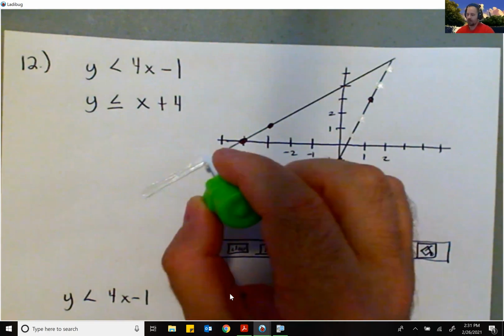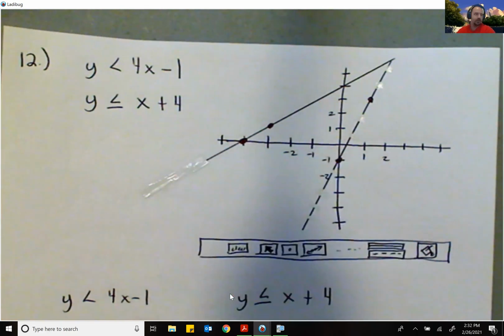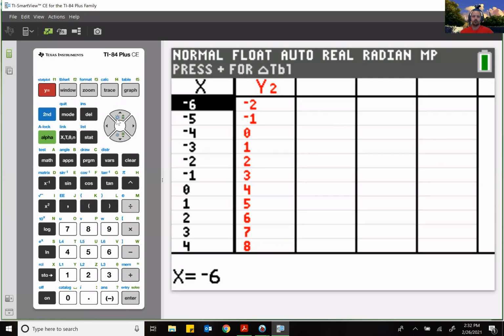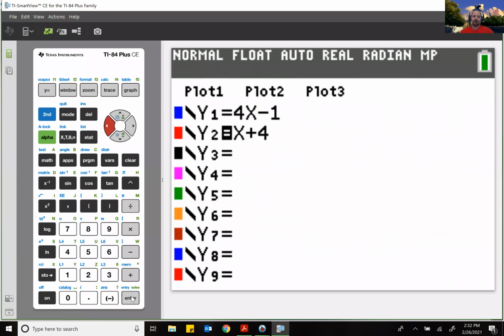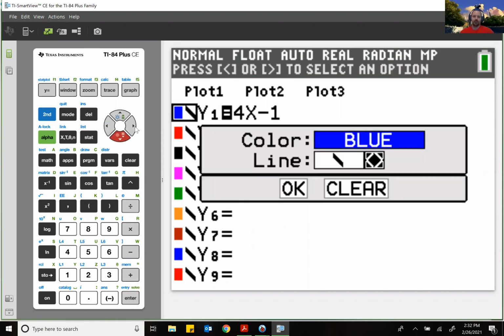All right, so the last part that we have to do now is figure out where the shading is. So I'm going to go back to my calculator. I'm going to turn this guy back on and go over and manipulate. I want the bottom triangle for both of these. There it is. So that one's good now.